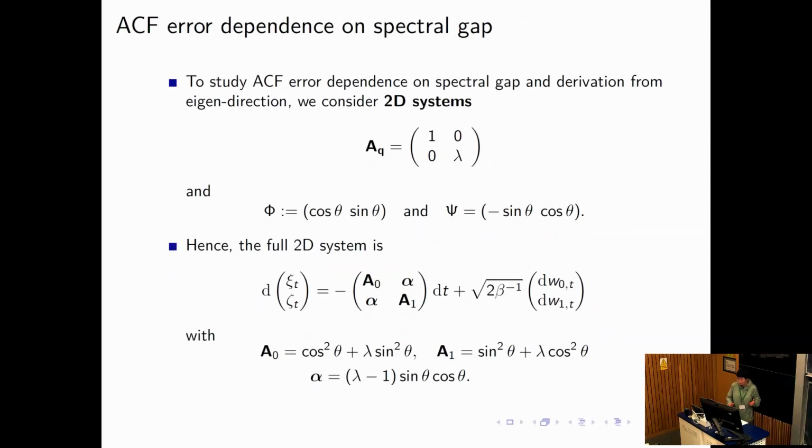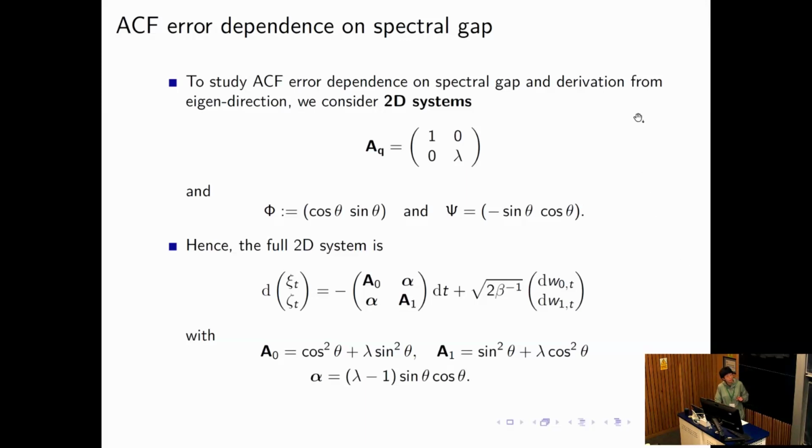And then another thing we want to study is how the time separation affects the quality of approximation. In other words, we want to study the ACF error dependence on the spectrum gap. We cannot study this rigorously for a full n-dimensional system. Instead, we first consider a 2D system, and we make one reference eigenvalue to be 1, and the other to be greater than 1.